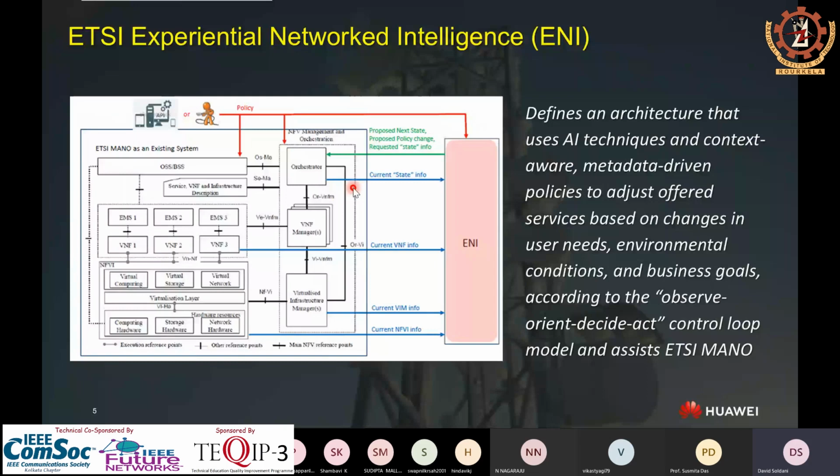So what we're doing now is simply to observe the state of the different layers here: the virtualization layer, inputs from the virtualized infrastructure manager, as well as the status of the virtual network functions, and what the orchestrator currently oversees across the whole network, to make some decisions and therefore support the orchestration function in terms of the way it has to reinstantiate the different functions across the network.